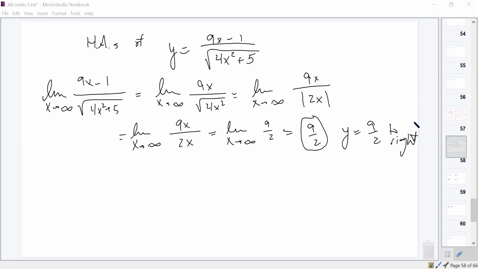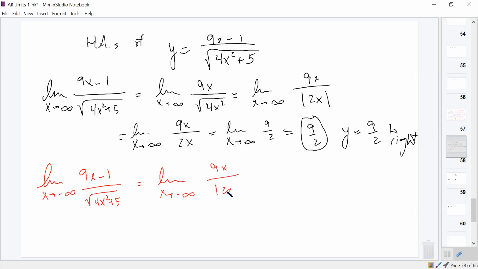Good or no? Yes. All right. And the limit as x approaches negative infinity of 9x minus 1 over root 4x squared plus 5 should be the same as the limit as x approaches negative infinity of 9x over absolute value of 2x again, right?